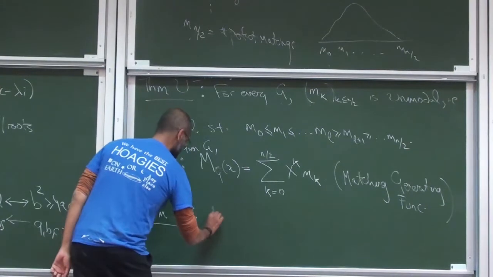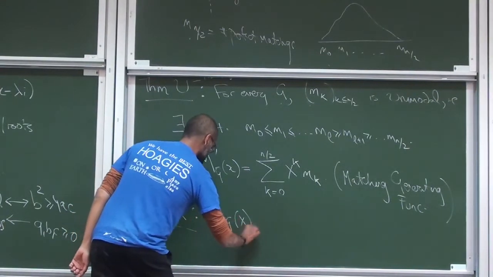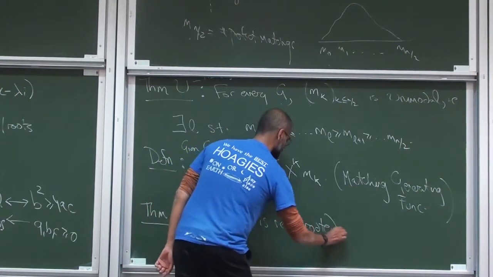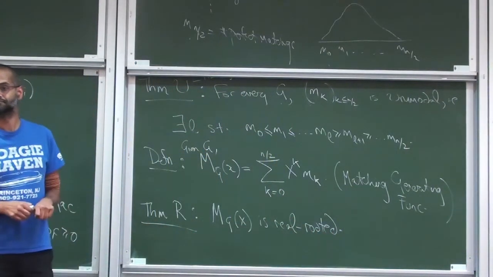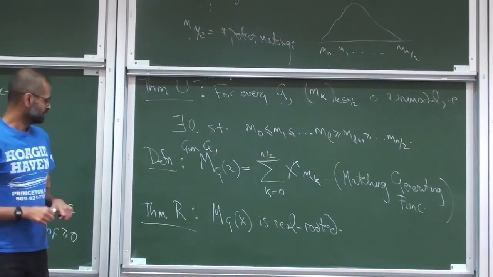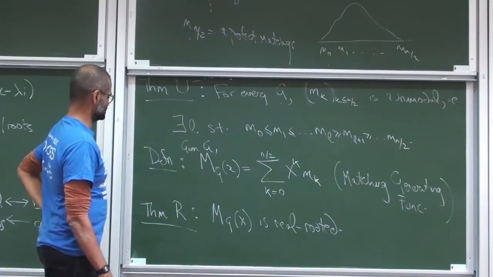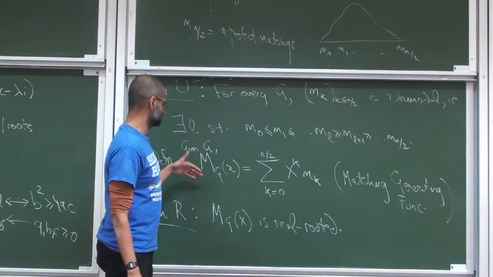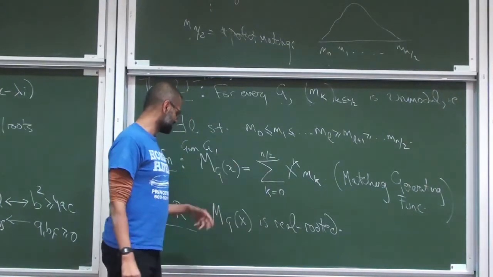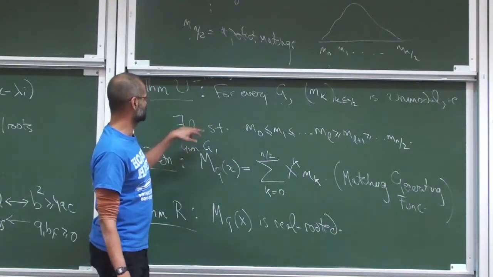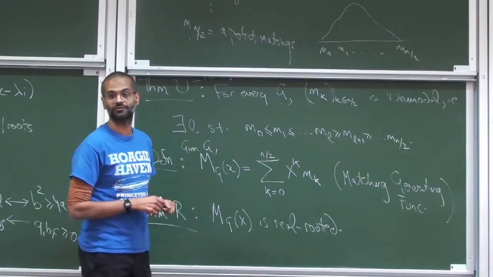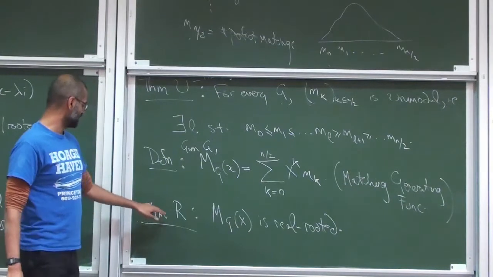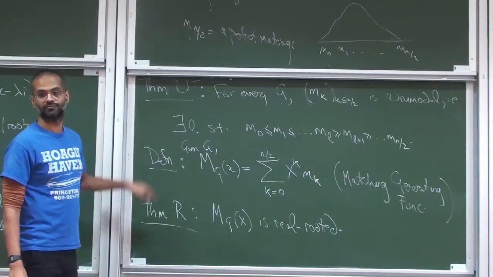But it turns out that M_G(x) is real rooted, which means all of its roots are real. First of all, it's not clear why this would be the case. But secondly, it's also not clear what bearing this has on the original problem, on theorem U. It seems like a totally unrelated statement. So first I'll explain how theorem R implies theorem U, and then I'll prove theorem R.